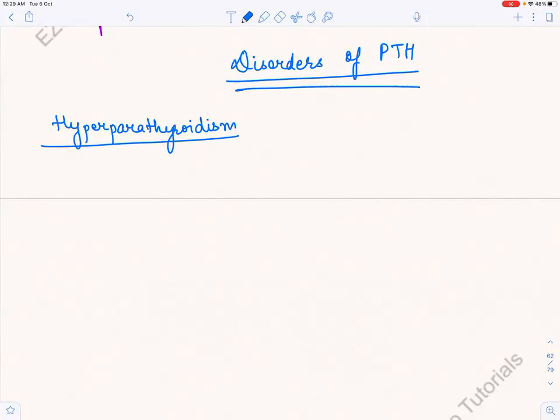We'll do hypo afterwards. What is hyperparathyroidism? Very easy. It is when there is an abnormal increase in the parathormone.